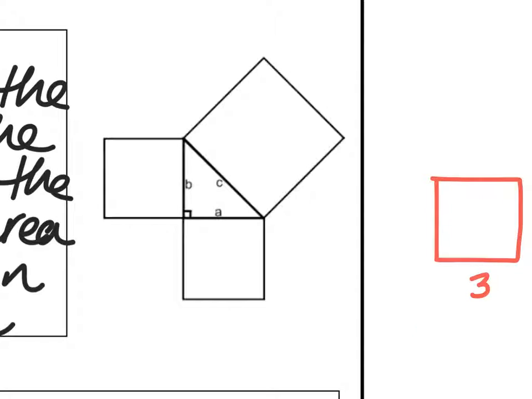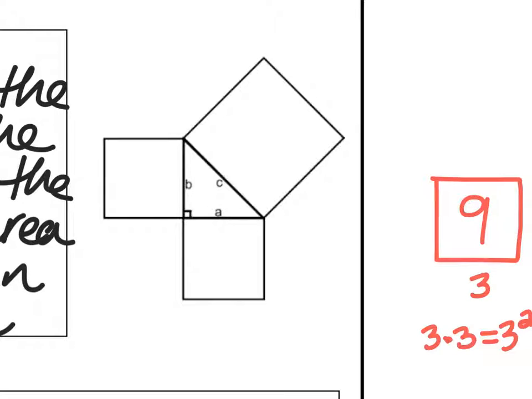So I could do 3 times 3, which is the same thing as, remember how we phrased that yesterday, Francesca? 3 raised to the 2. So yeah, 3 raised to the second power, or 3 squared. So if I do 3 squared, 3 times 3, what do I get, class? 9. So my area of this square is 9.